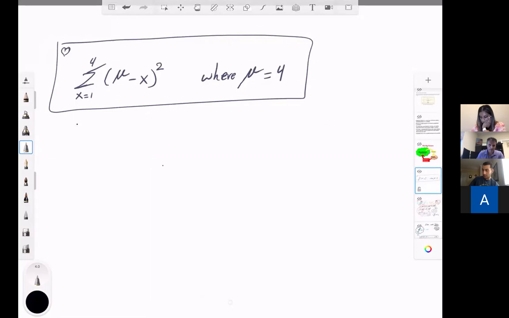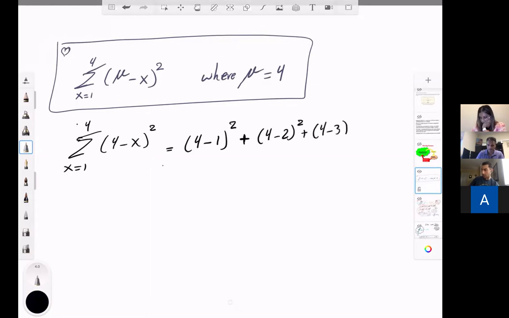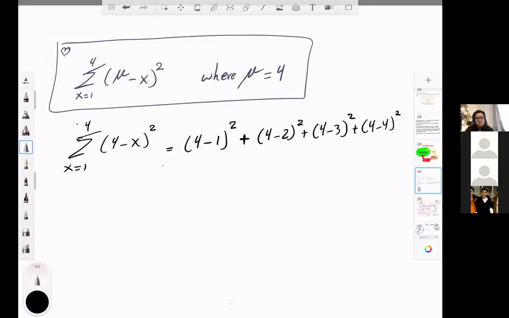We have sigma of 4 minus x squared, x equal to 1 up to 4, which is equal to 4 minus 1 squared plus 4 minus 2 squared plus 4 minus 3 squared plus 4 minus 4 squared. Correct? That's the first step. We just expand all the sigma notation.